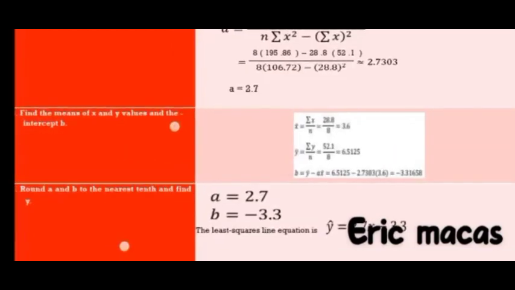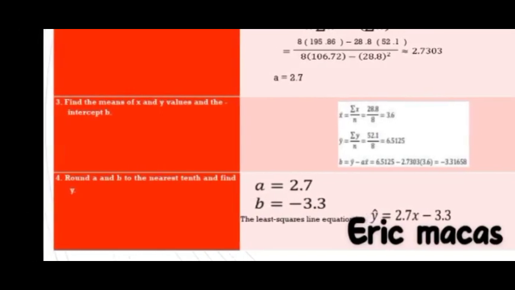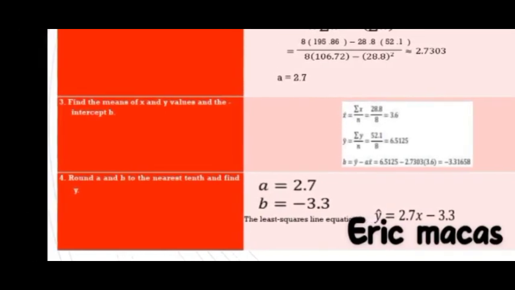Also for y. So this is the result: b equals y minus ax, equals 6.525 minus 2.7303 times 3.6, which equals negative 3.31. So this is the intercept b.